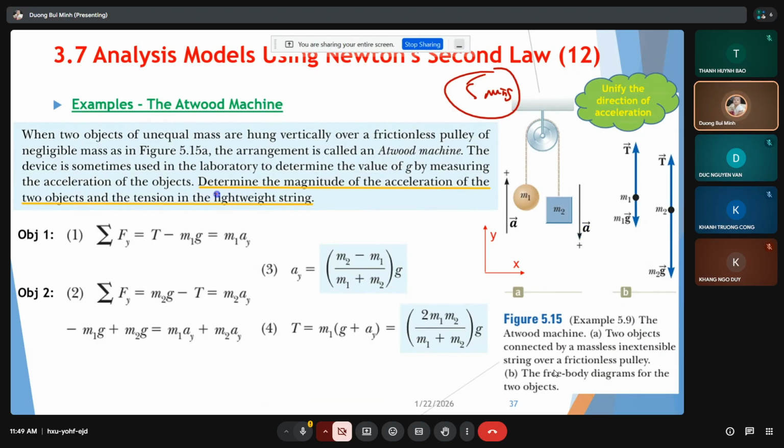The questions ask us to determine the magnitude of the acceleration of the two objects, and the tension in the lightweight string. So we need to answer this question.